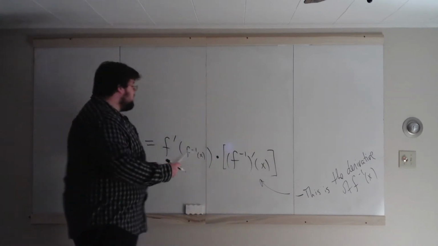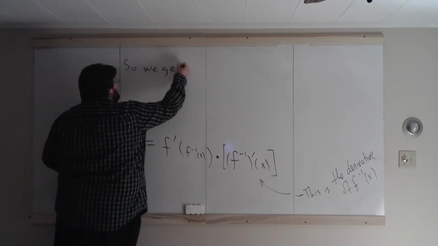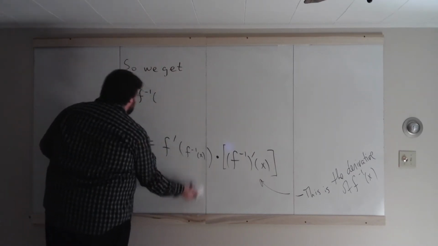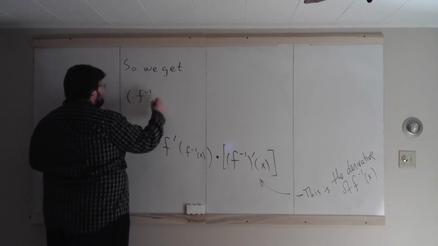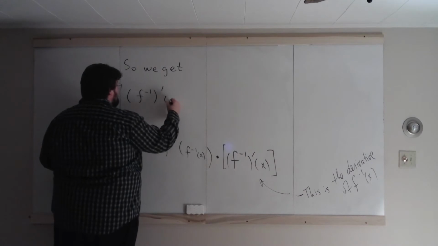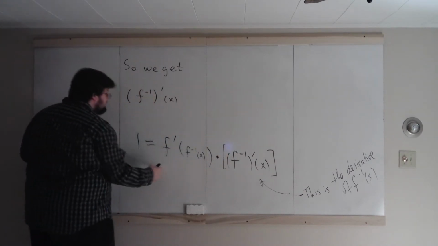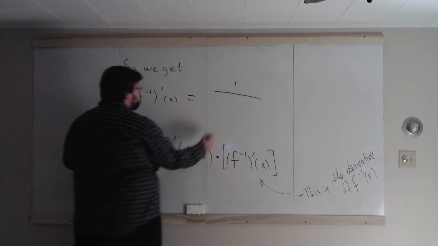So solving for the derivative of f inverse, so to say, we get the derivative of the inverse. There is a bit of notation here. Derivative of f inverse, divide both sides by this, so you get equals 1 over f prime of f inverse.